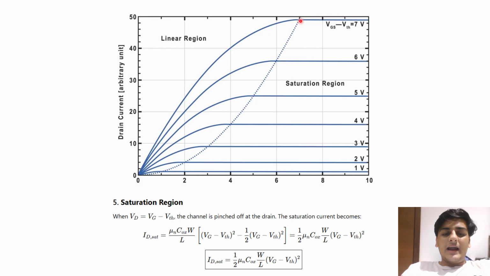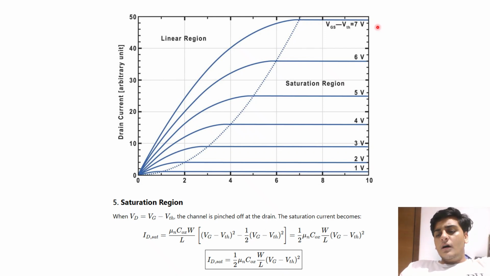That is why at the point where your drain voltage becomes equal to Vg minus Vth, you have saturation, and after saturation the current doesn't change. This is the value of the current at saturation. It depends on the square of Vg minus Vth, but it's constant with respect to the drain voltage.